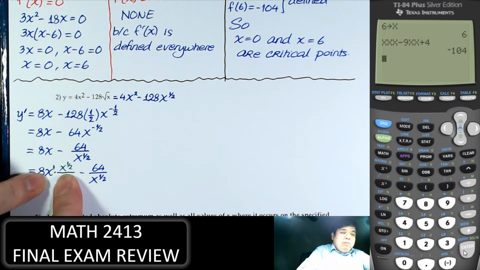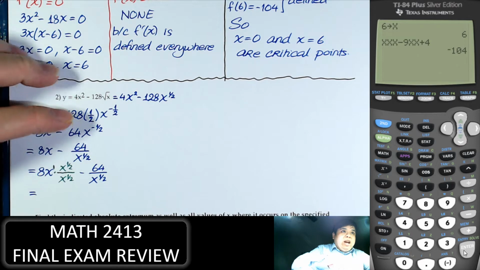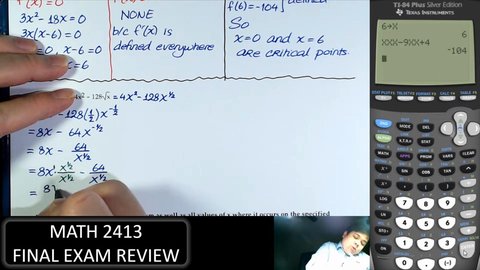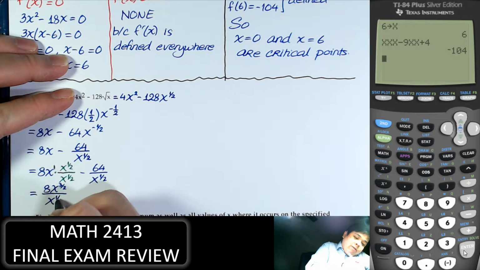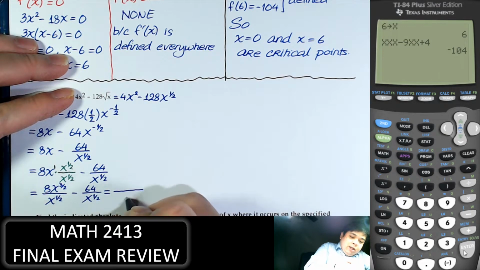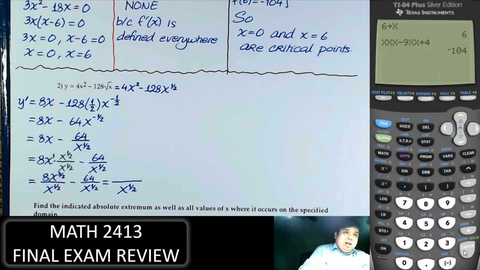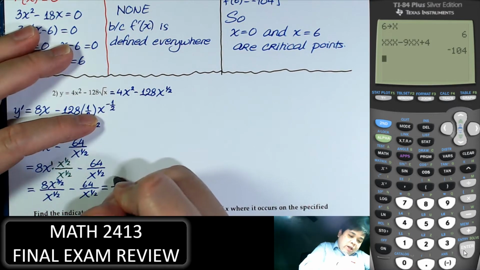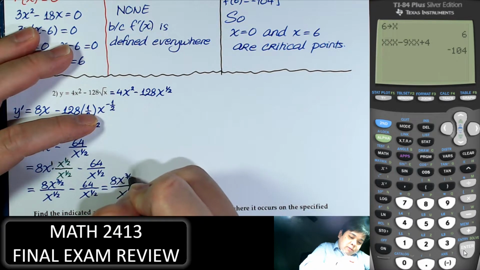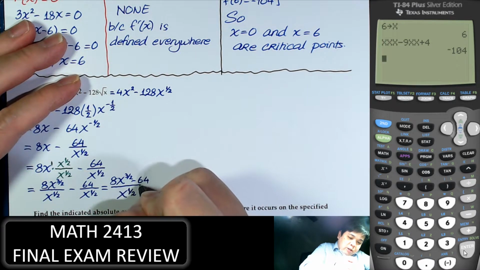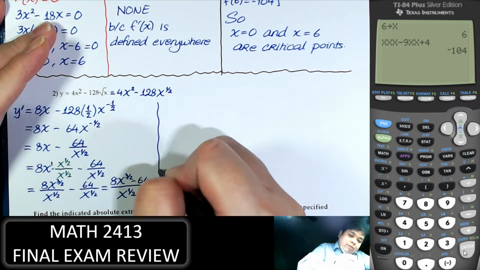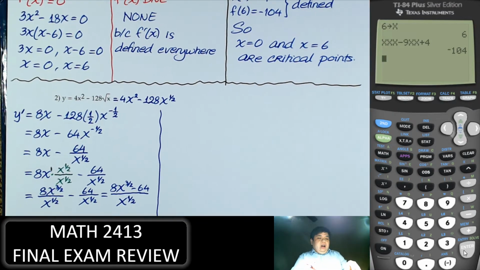When we multiply them, we add the exponents: 1 plus 1/2 is 3/2. So we have 8x to the 3/2 minus 64, with x to the 1/2 at the bottom. Common denominator. On the top we have 8x to the 3/2 minus 64. So that is the derivative, one big fraction like that.